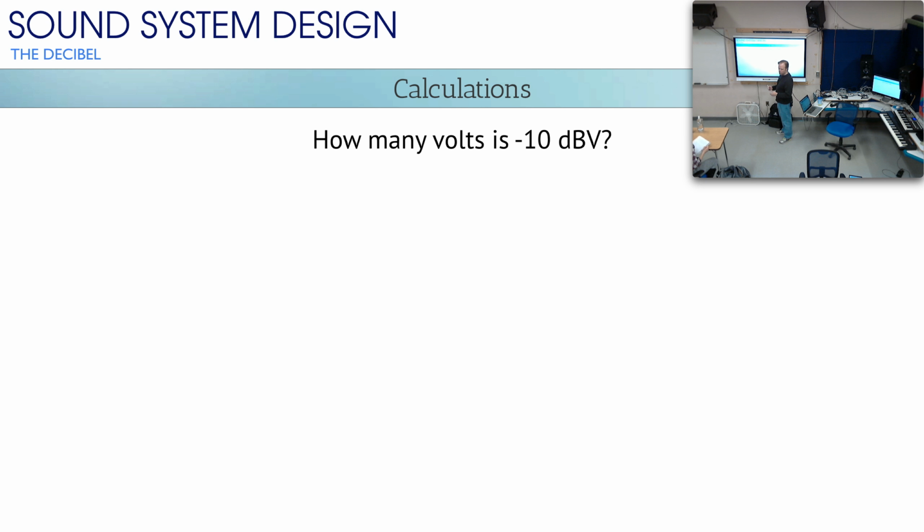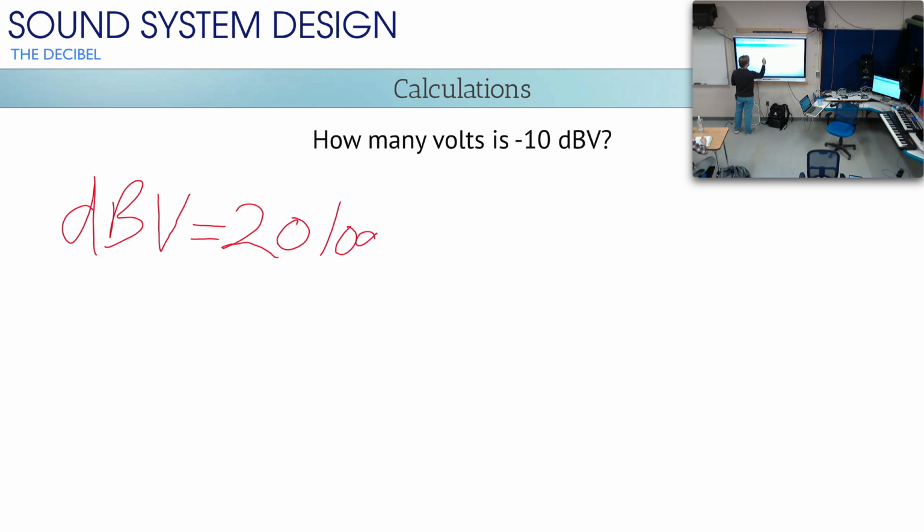Okay, so if I were to express the definition of dBV mathematically, this is what it would be. dBV equals 20 times the log of some variable, x, divided by 1 volt.